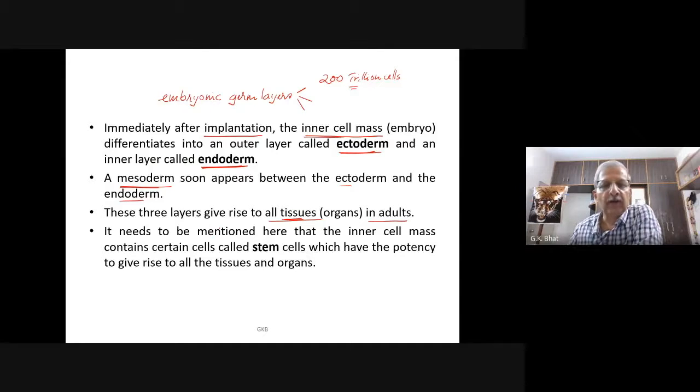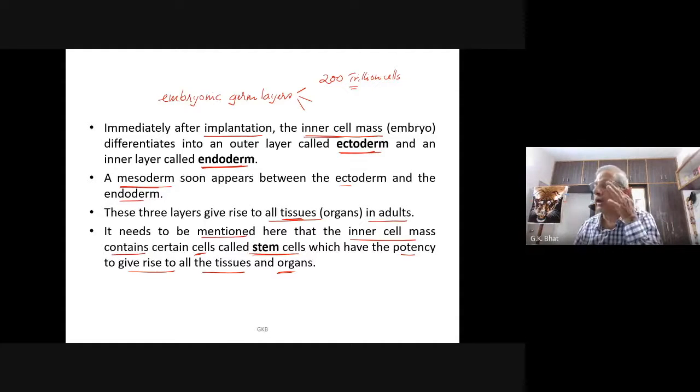It needs to be mentioned here that the inner cell mass, that is the embryoblast, contains certain cells called stem cells. These stem cells have the potency to give rise to all the tissues and organs.